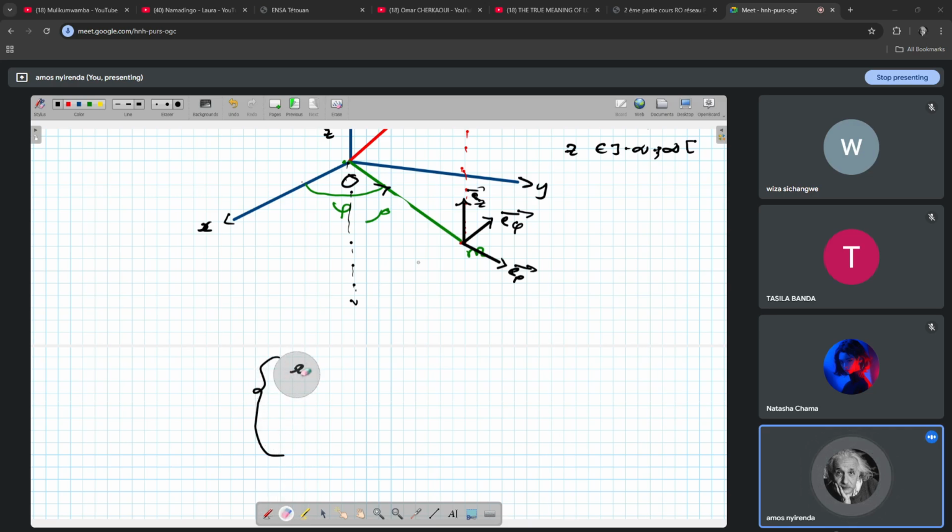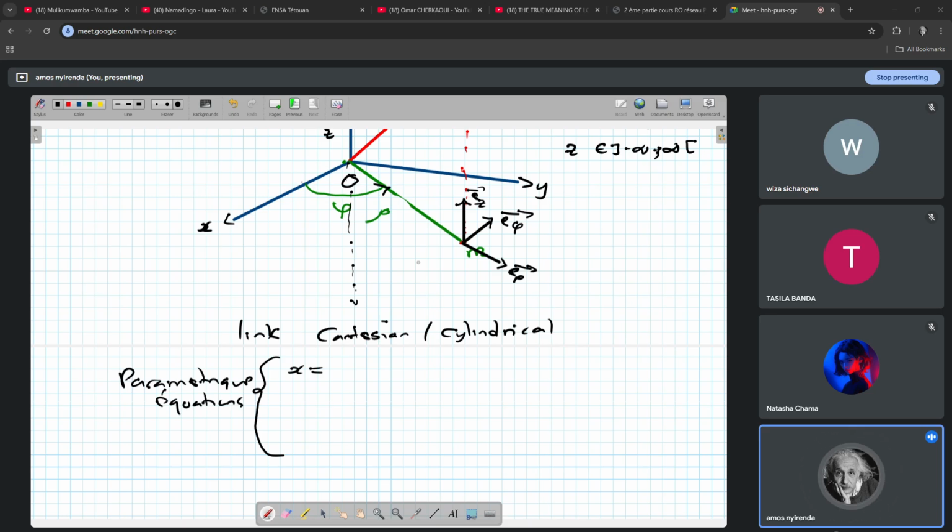The x coordinate in the Cartesian coordinate system is linked to the cylindrical coordinate system. So these are known as parametric equations. So how do you come up with these parametric equations? It's simple.